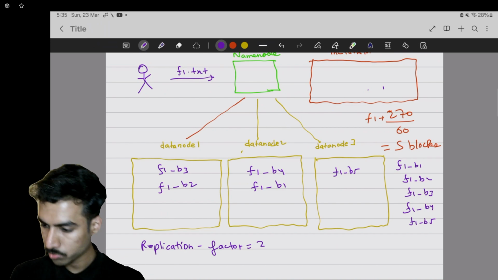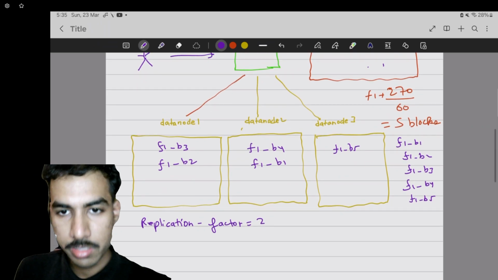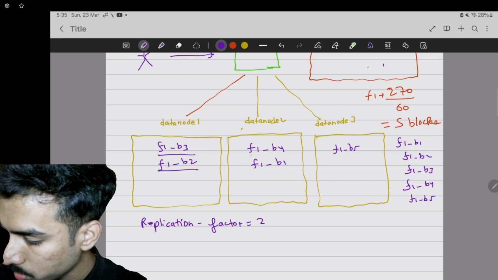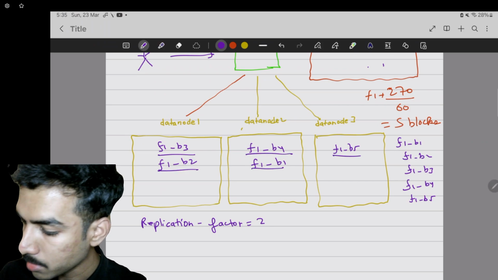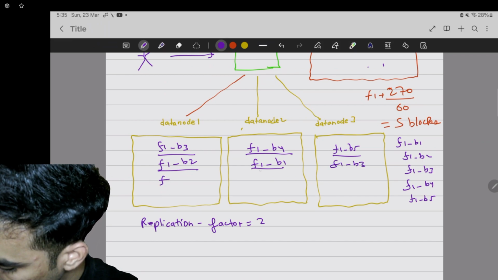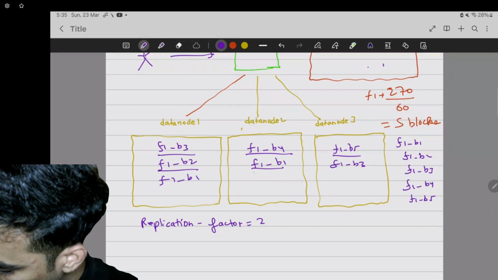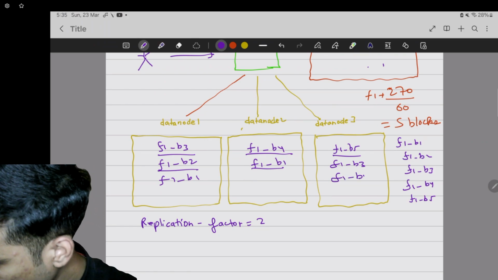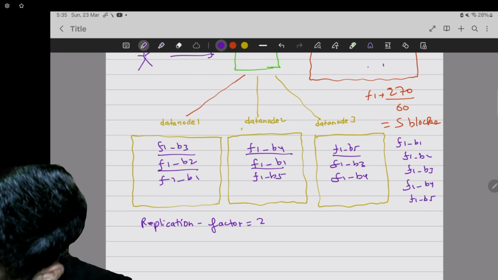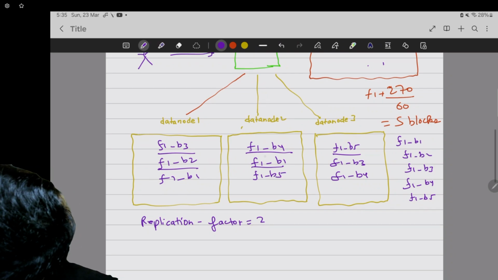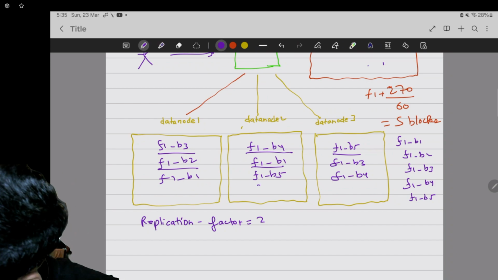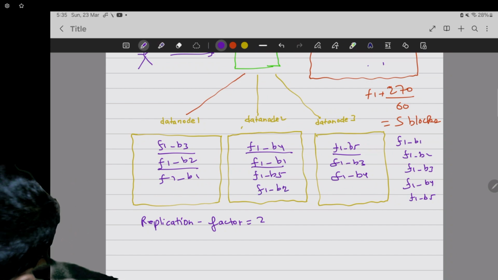See, replication factor is again my 2 only. So each of these blocks would get replicated. F1 B1, F1 B4, F1 B5, and B2 is still not replicated. So F1 B2.